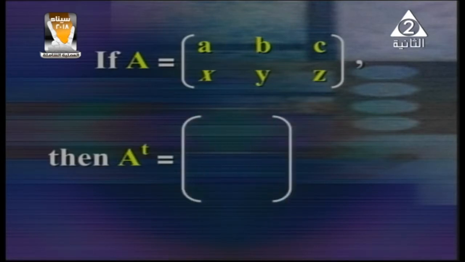A transpose becomes AX, BY, CZ. What do we do? We replace all elements of the first row in the first column, the second row in the second column. This is called AT or A transpose.